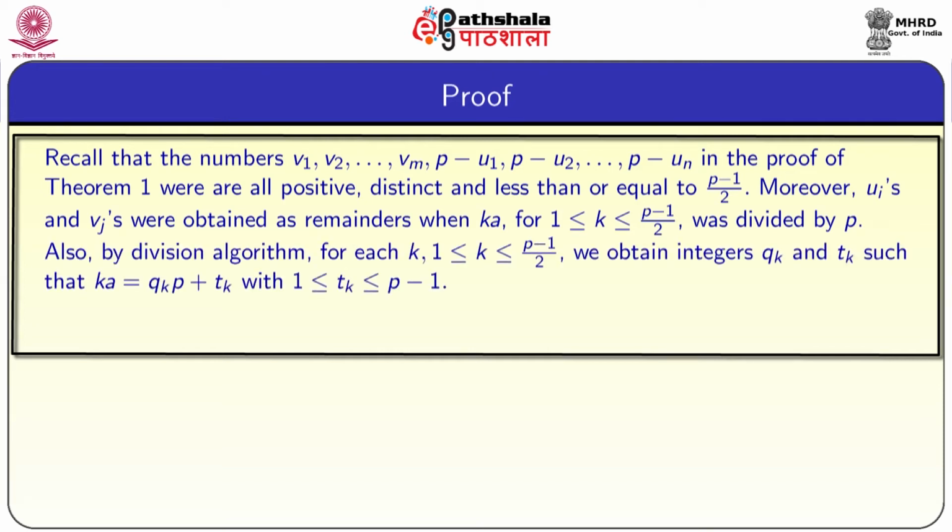So, also by the division algorithm, for each k, 1 less than or equal to k less than or equal to (p-1)/2, we obtain the integers qk and tk such that ka is equal to qk times p plus tk, with 1 less than or equal to tk less than or equal to p-1.